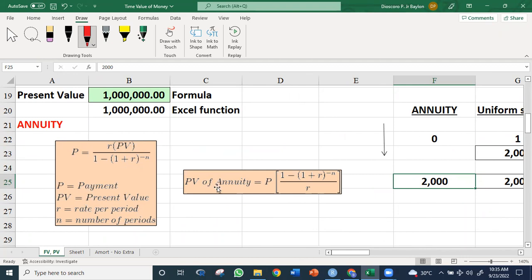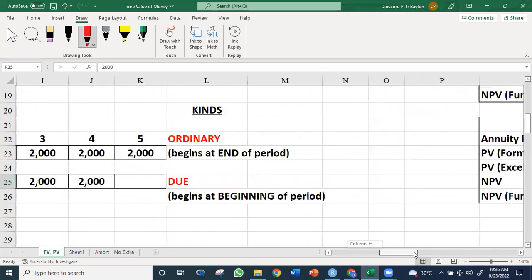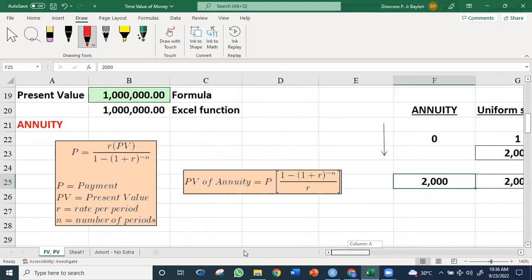On the other hand, the PV, the present value of an annuity, is equal to the annuity multiplied by 1 minus quantity 1 plus R raised to the negative N over R. So the formula is quite more challenging.